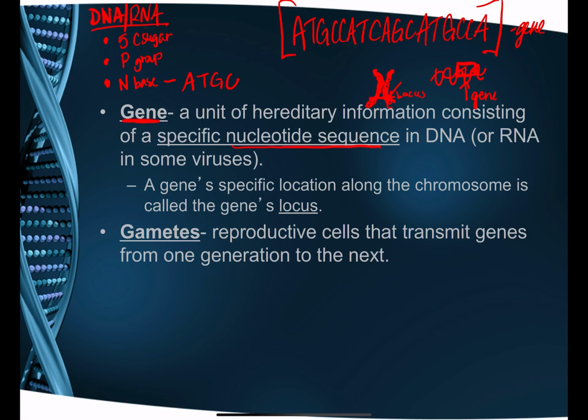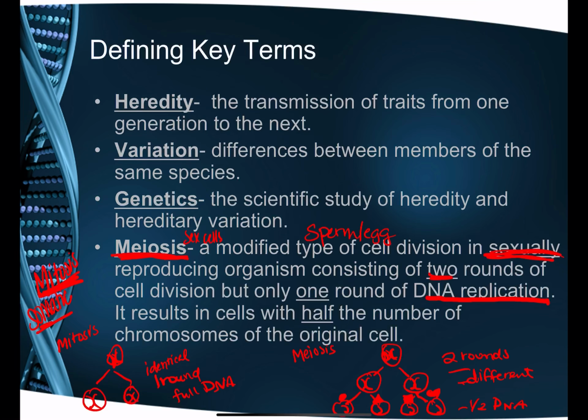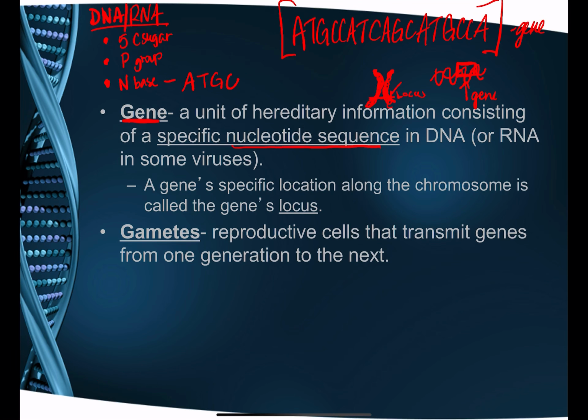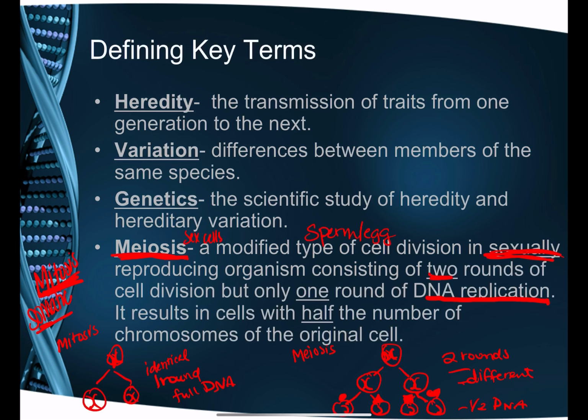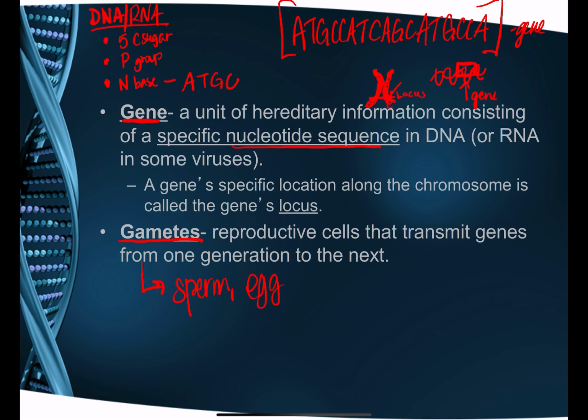Going back to meiosis, I'm jumping around a little bit here, so I apologize, but it all comes together and makes sense, I promise. When we pass these genes down in meiosis, we make these gametes. These gametes are our sperm and our egg. Remember, we called our body cells somatic cells. Well, our sperm cells and our egg cells are called gametes.